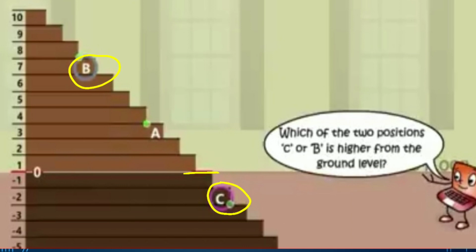First of all we need to compare which position is higher, B or C. B lies to the right of the origin, and B will be greater than C. So from the given picture you can observe which position is greater. B is greater than C. In this way we can compare two integers easily. I hope everyone understood.